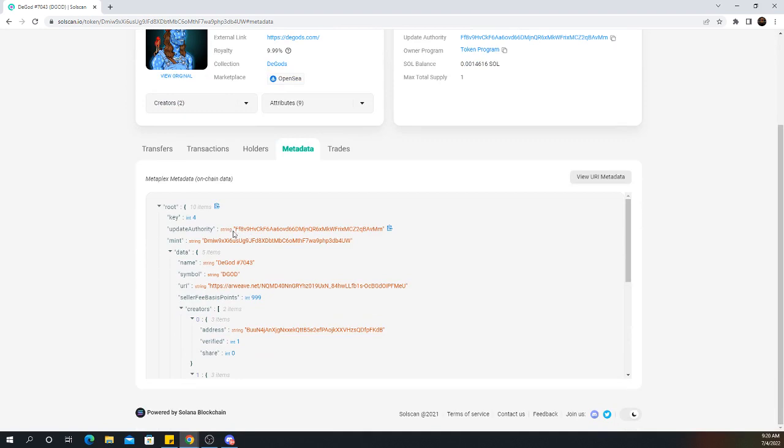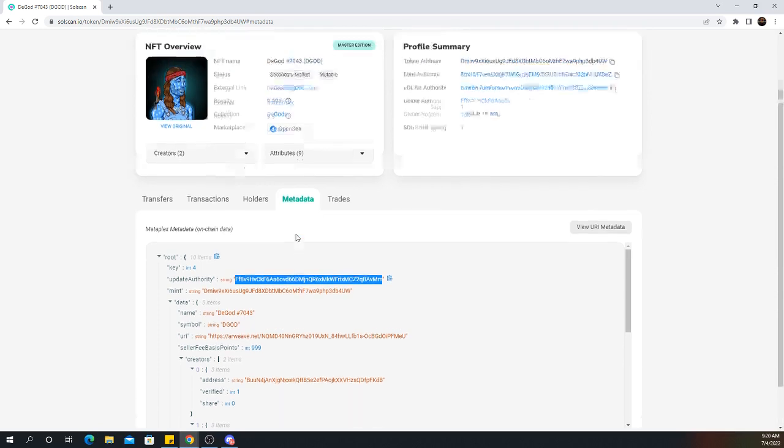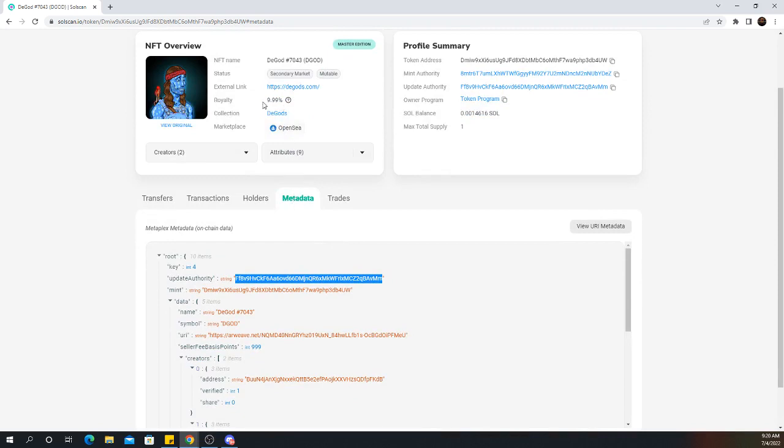So the first thing is the update authority. There is a wallet that is the update authority, which means it is in charge of changing anything in the NFT that needs to be changed, or that person wants to be changed. They can change the royalty percent. So you see here we have the royalty percent listed. This is something that can be changed.